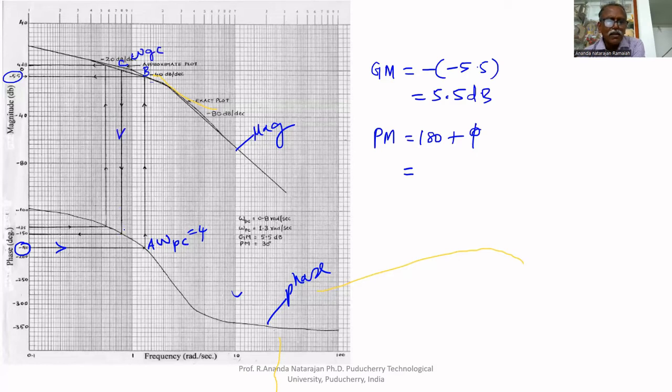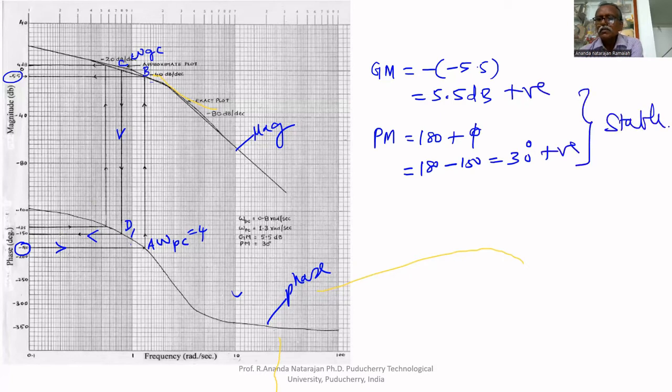It cuts the phase plot at D. Draw a horizontal line at D. It gives minus 150. Therefore, 180 minus 150, that is equal to 30 degree. Both are positive. Therefore, stable system.